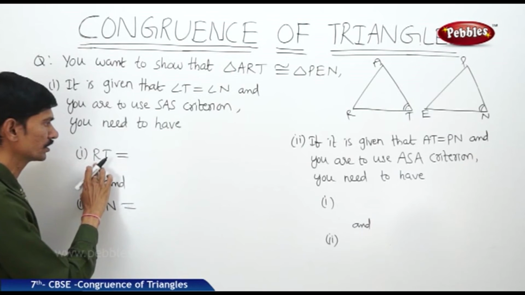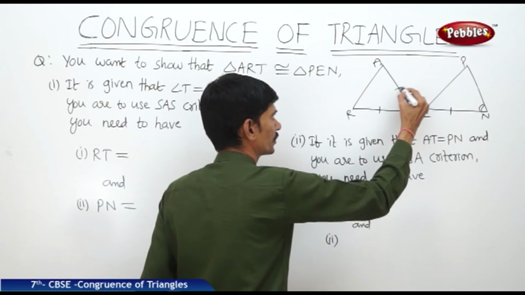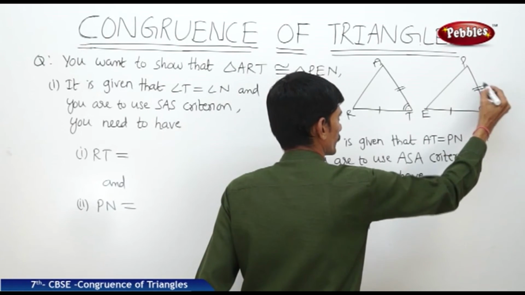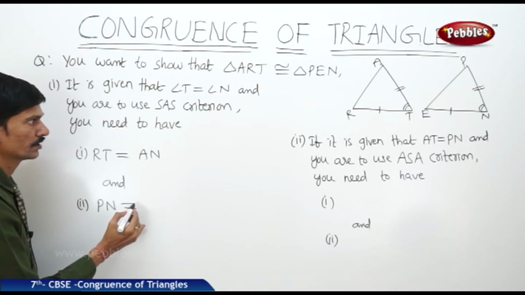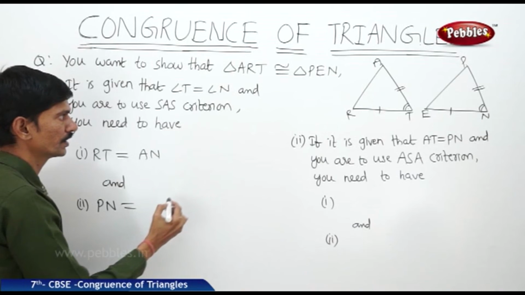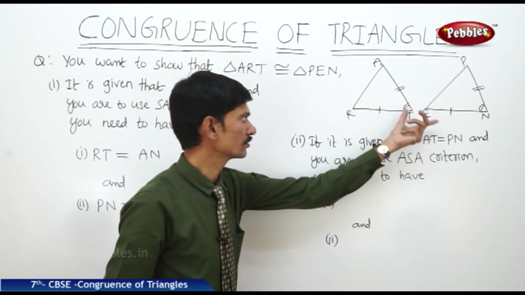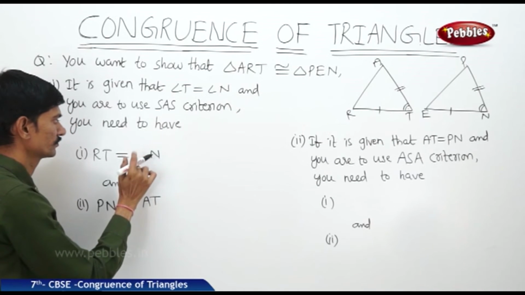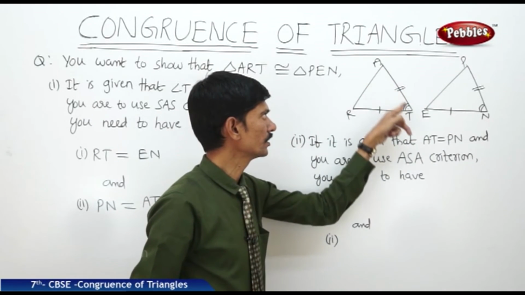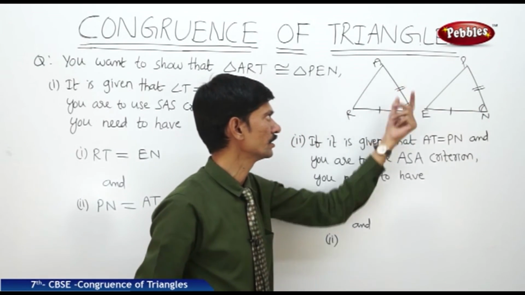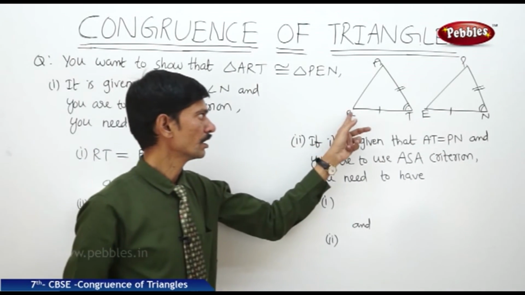So we have to prove that RT equals EN, and AT equals PN, that means PN equals AT. So RT equals EN and AT equals PN. Then angle T and angle N will be the included angles.